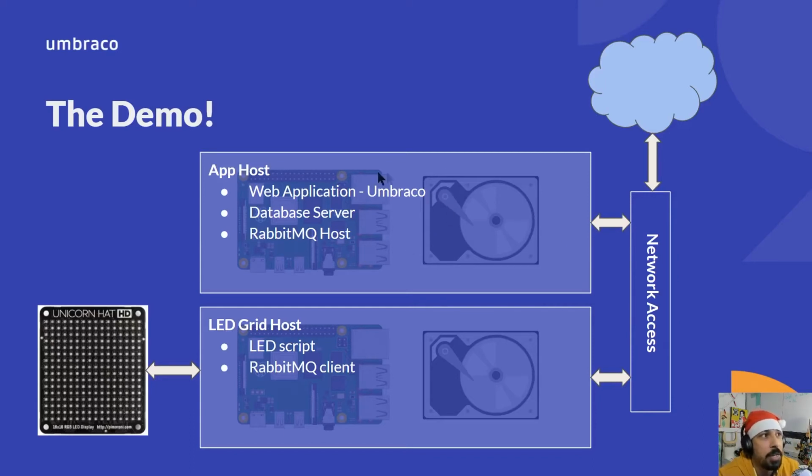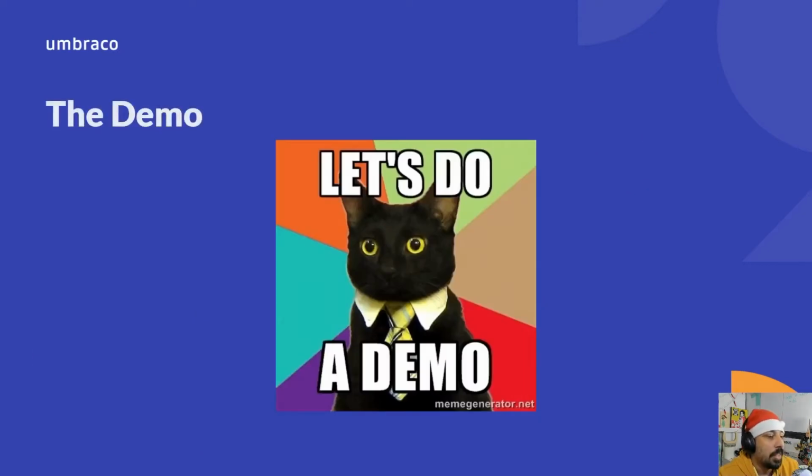The containers also have to be aware of each other and communicate with each other. And then on here we've got the LED script and another RabbitMQ client to listen for the messages sent from there. And we have that hat, which we'll see what it's used for later. Okay, let's do a little demo.